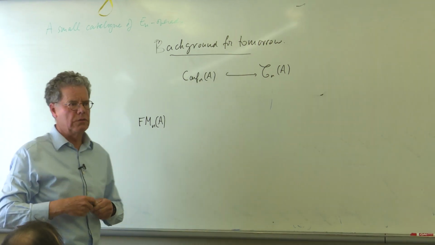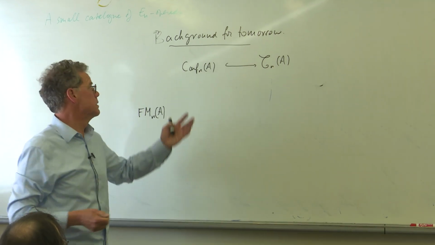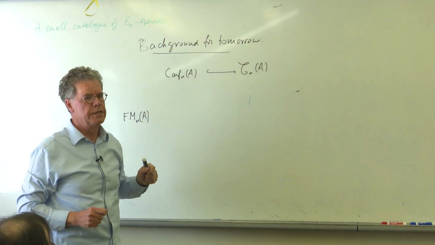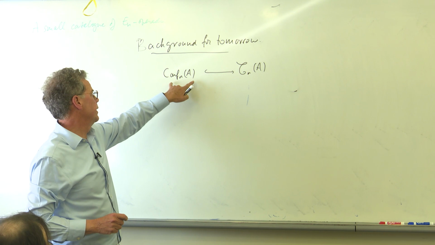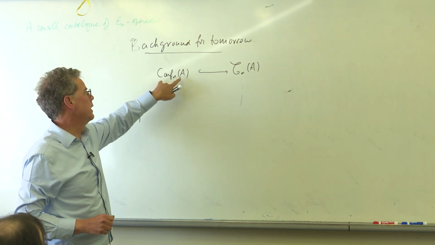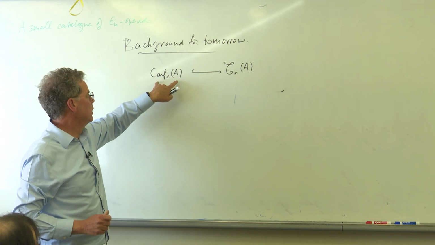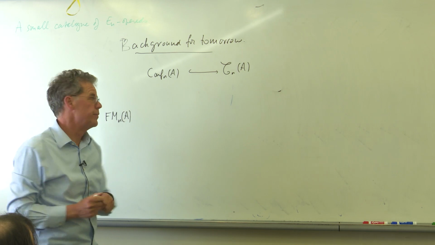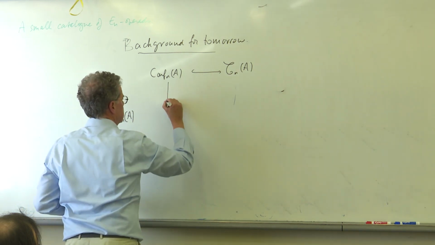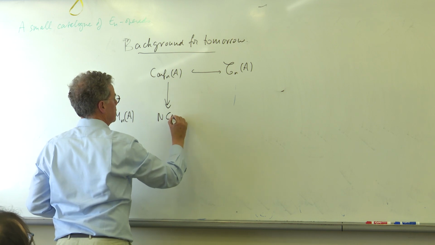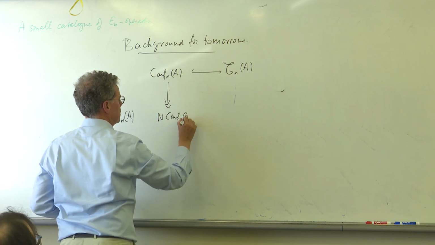A compactification of a space means you add a boundary. This is a manifold of dimension n times A. But it is convenient to make this space a little bit smaller in a relatively innocent way. So I look at configurations modulo dilation and translation, and I call it nConf A.